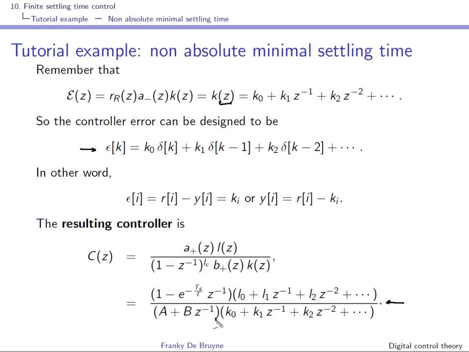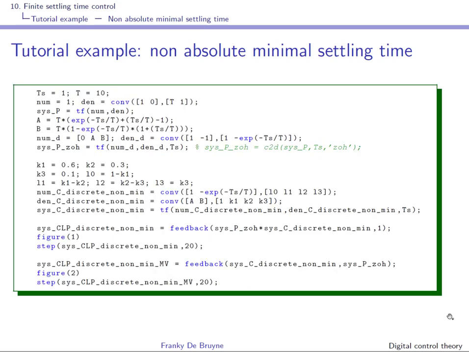But what we still have here in the denominator is this polynomial that comes from the zero of the process, and it is located very close to z is equal to -1. So this will produce oscillations in the control energy as before when we are considering the absolute minimal settling time controller. So this is how we can implement this non-absolute minimal settling time controller.